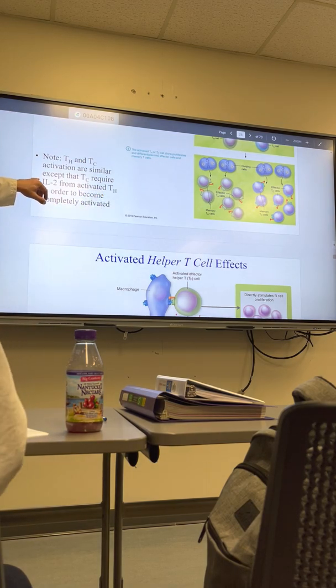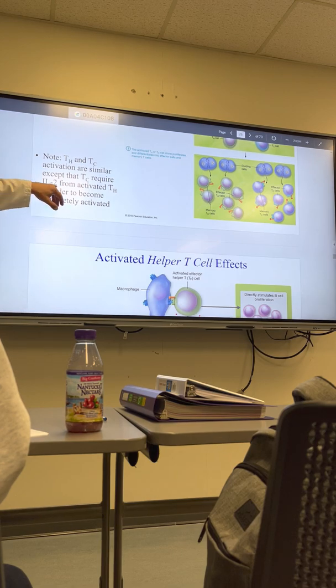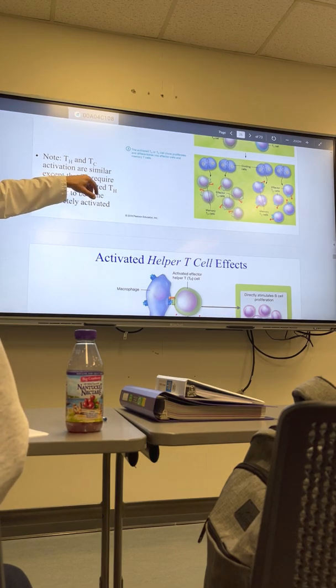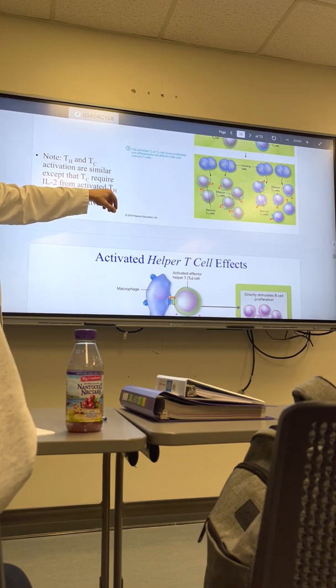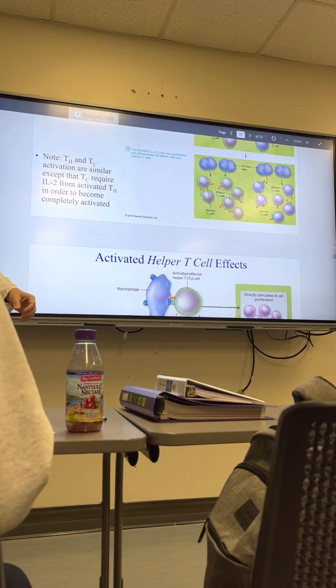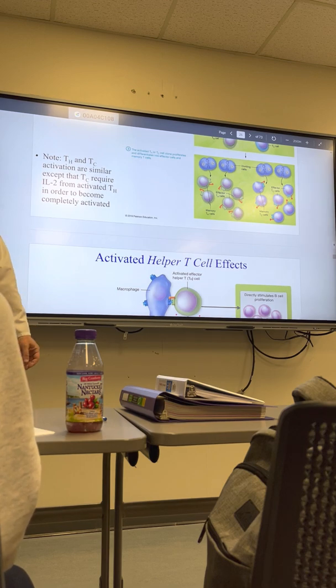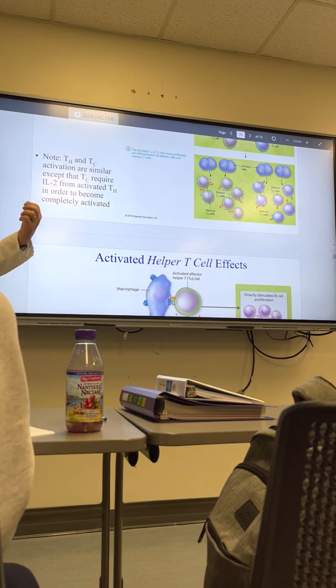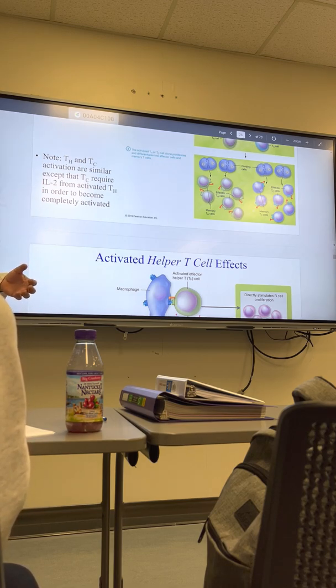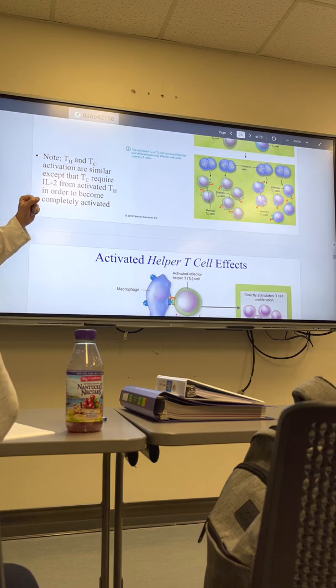The only thing that's mentioned here about interleukin-2, notice that it says that the cytotoxic T cell requires activation from one T sub H. What does that stand for? Helper T cell. So the bottom line is that for full activation, whether it's a B cell or a cytotoxic T cell, you're going to need input activation by the helper T cell. All of them require that.